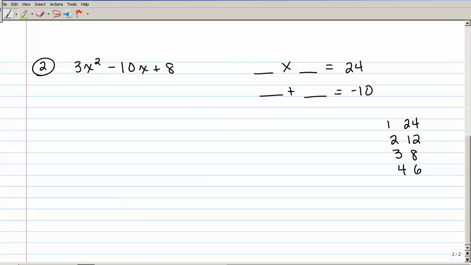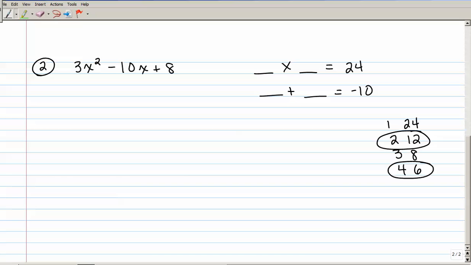So do any of those make us think of 10? Actually, there's two possibilities. There's both 2 and 12, and 4 and 6. But notice that when I multiply the numbers, I have to get a positive, which means they're either both going to be positive or both going to be negative. And then when I add the numbers, I get a negative, which means one or both of them have to be negative.